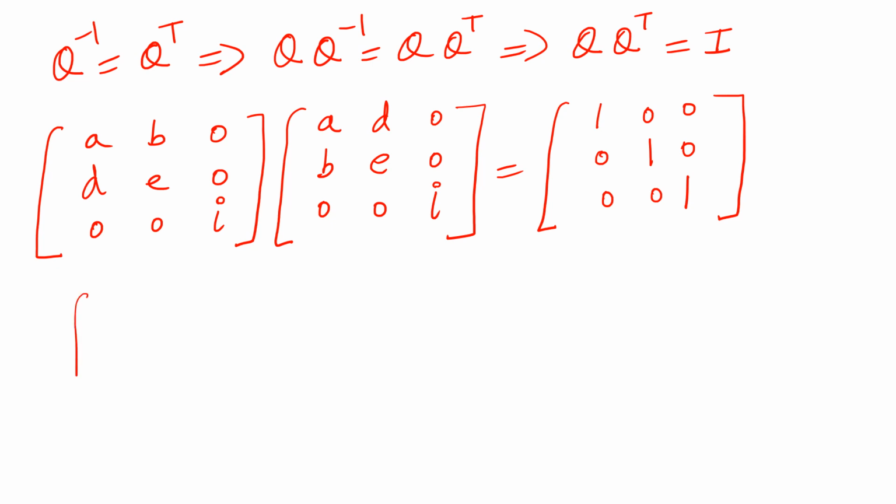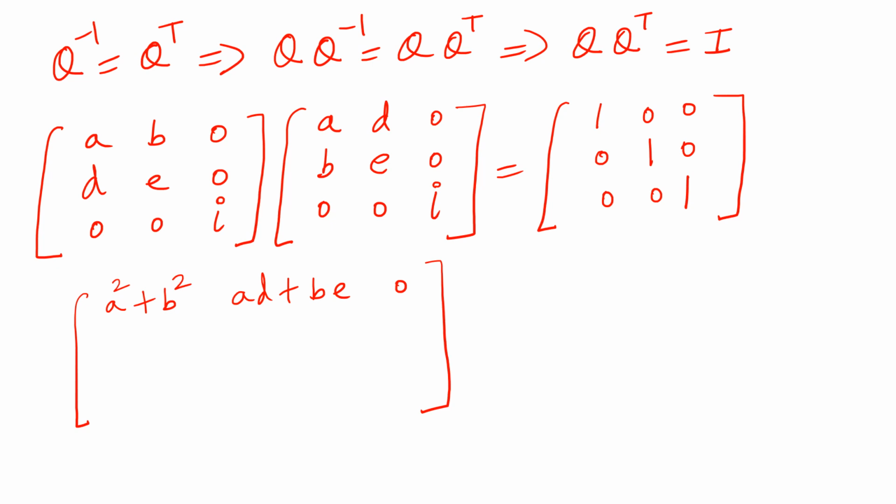Now students, on the left hand side, we have a matrix whose first element of the first row becomes A square plus B square. Then we have AD plus BE. Then we have 0.